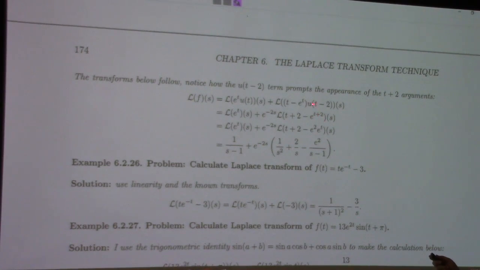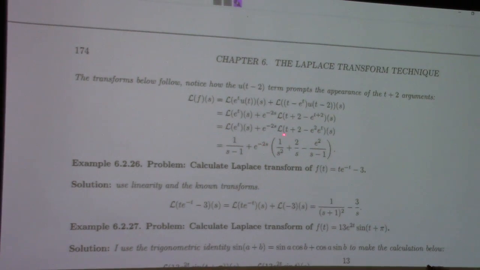This is much easier than the sine, right? If you have t plus 2 in the exponential, that's harmless. That just pulls out an e to the 2 times e to the t, right? So that's not as bad, but you should be aware of this. And so the answer is 1 over s squared, 2 over s, minus e to the 2 over s minus 1. So this is another Laplace transform.